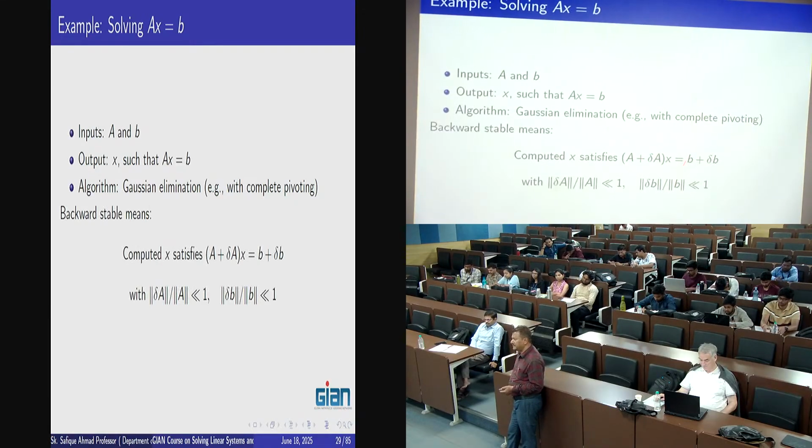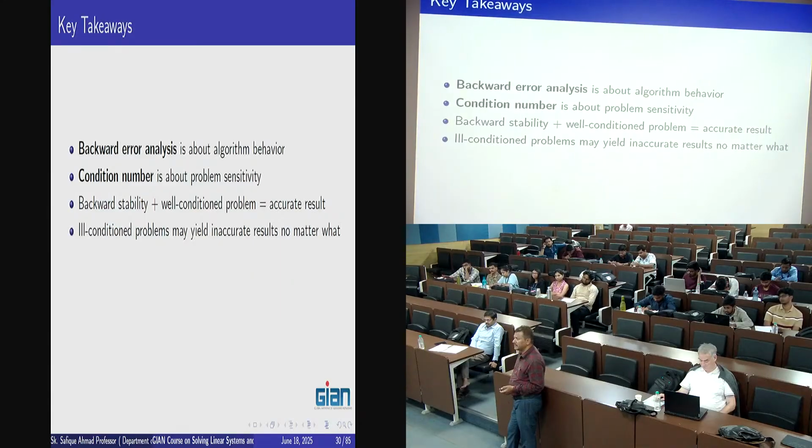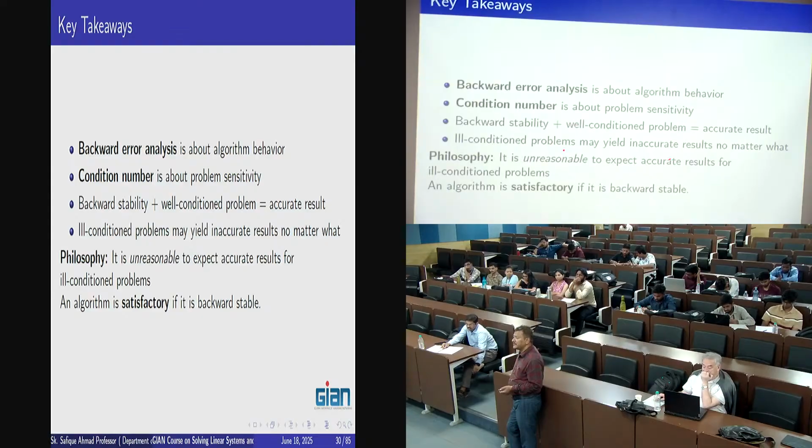Generally, the problem's sensitivity and backward stability plus good conditioning, as I told you before, give an accurate result. If the problem is ill-conditioned, even a stable algorithm would sometimes give you a wrong result. An algorithm is satisfactory if it is backward stable.